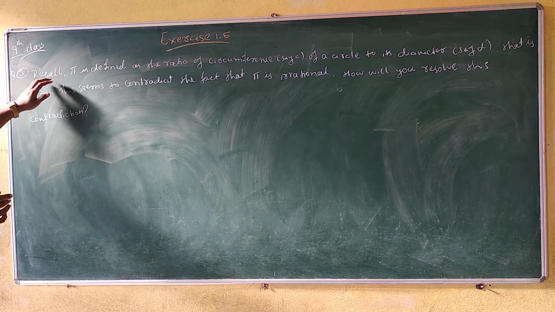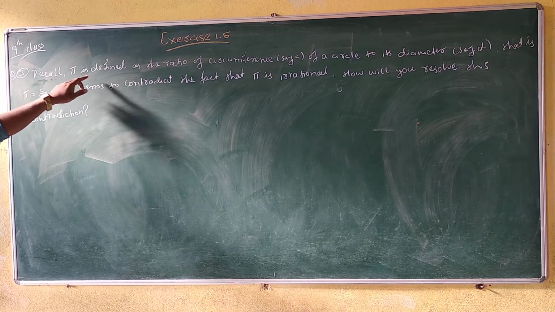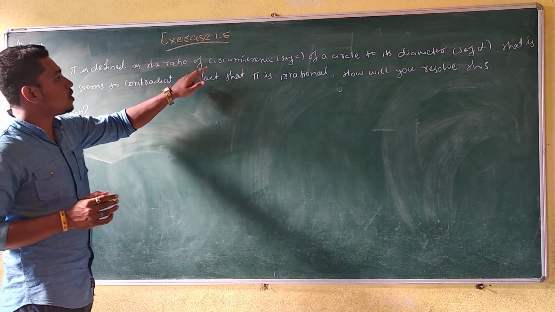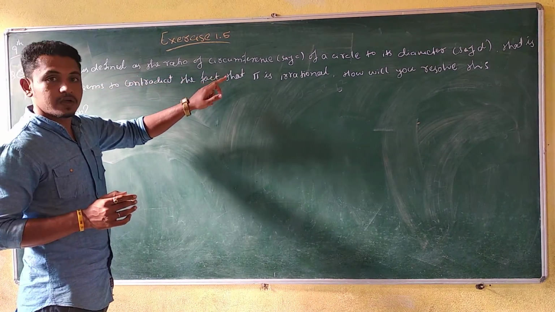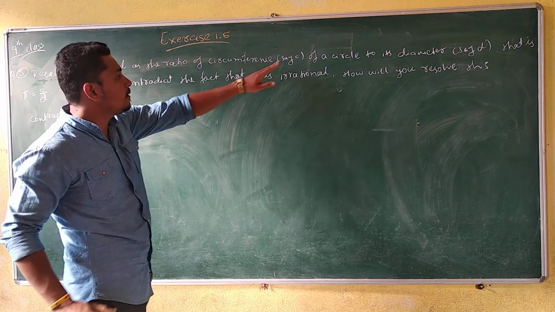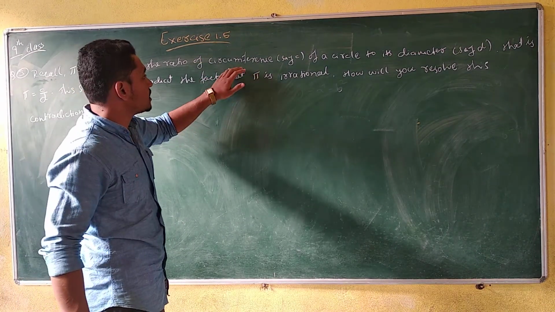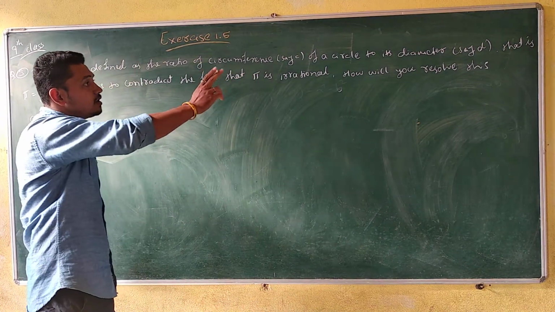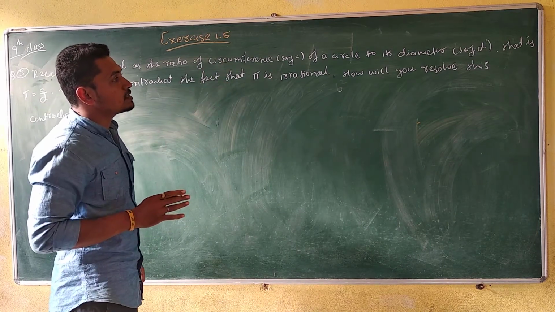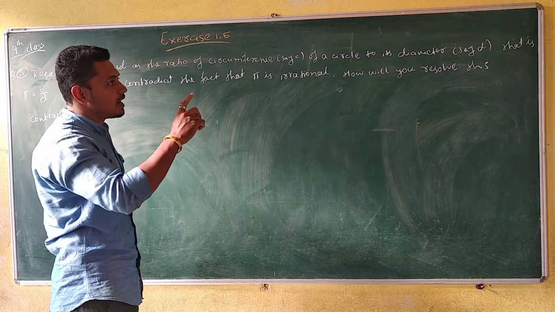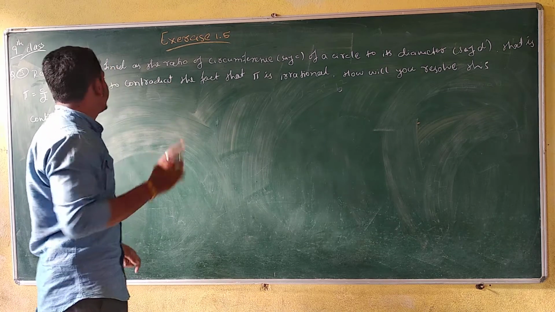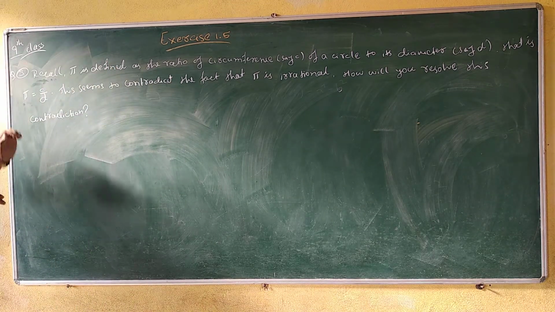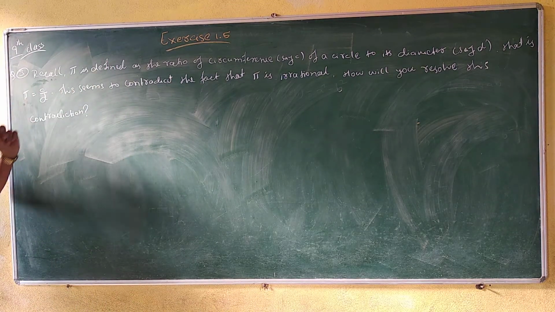So you can recall pi is defined as the ratio of the circumference c of a circle to its diameter d. That is, pi is equal to circumference divided by d.